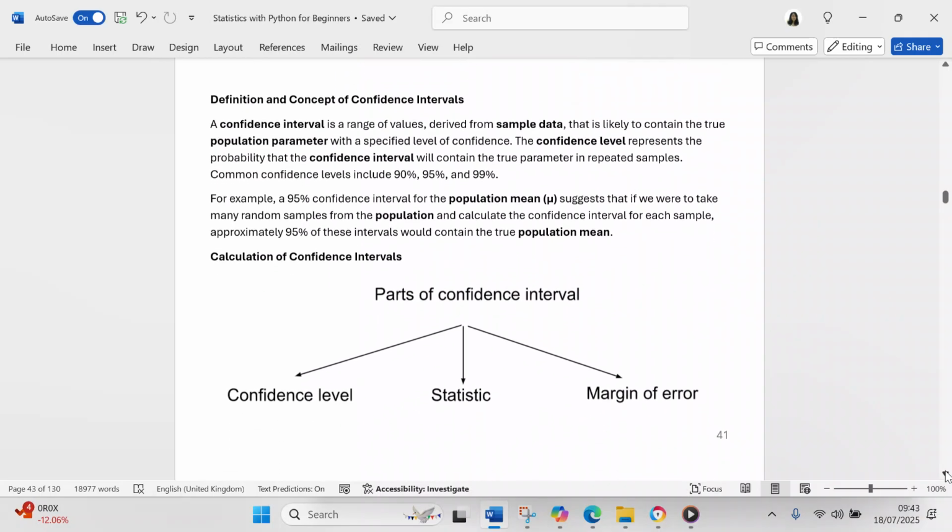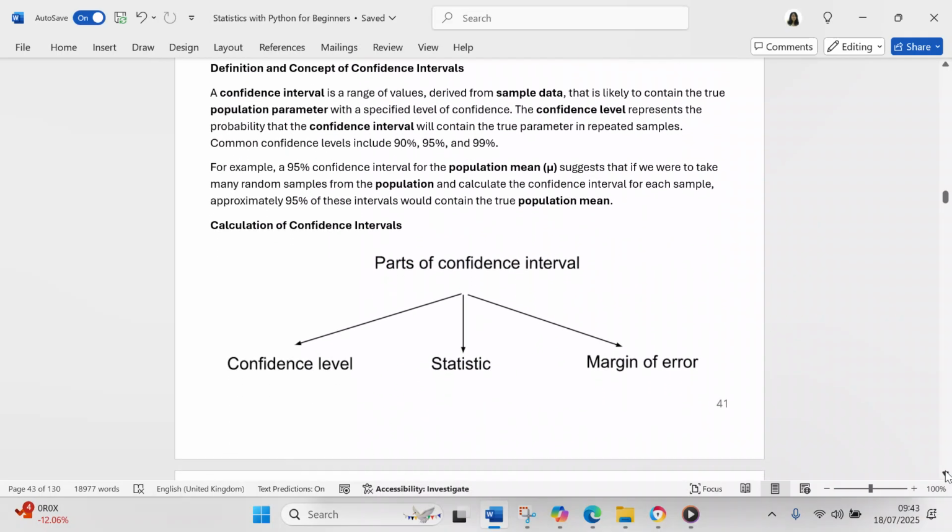A confidence interval is a range of values derived from sample data that is likely to contain the true population parameter with a specified level of confidence. The confidence level represents the probability that the confidence interval will contain the true parameter in repeated samples. Common confidence levels are 90%, 95%, and 99%.